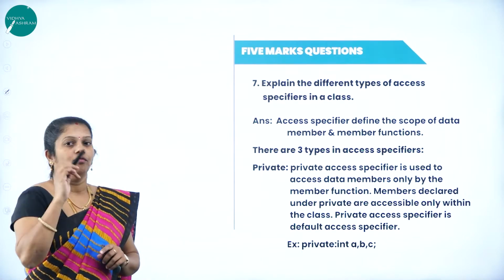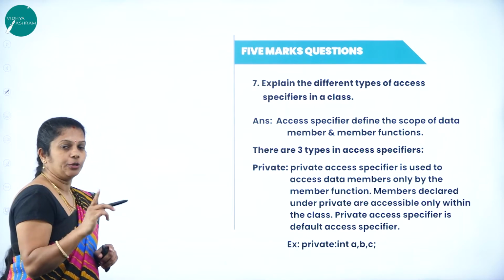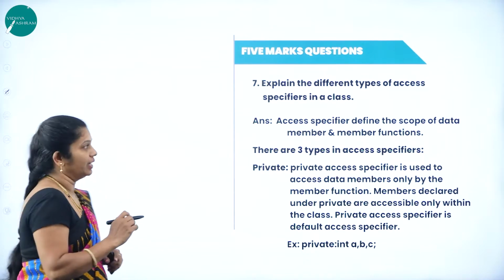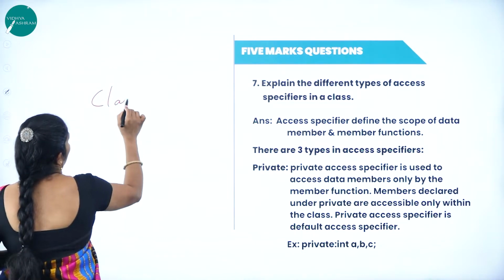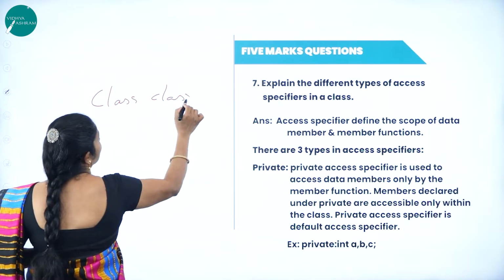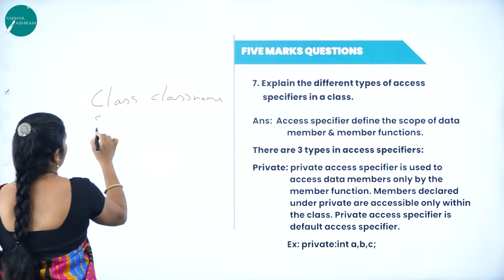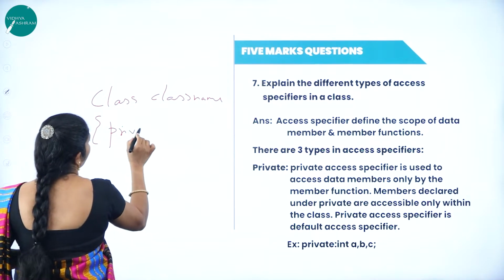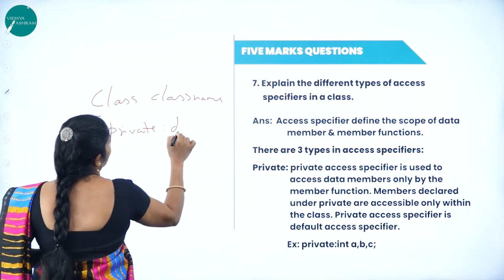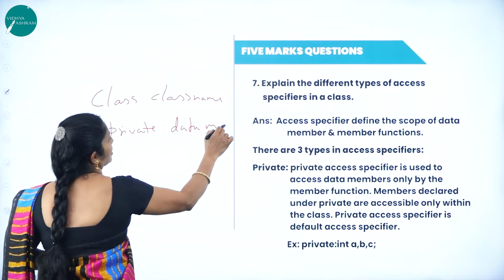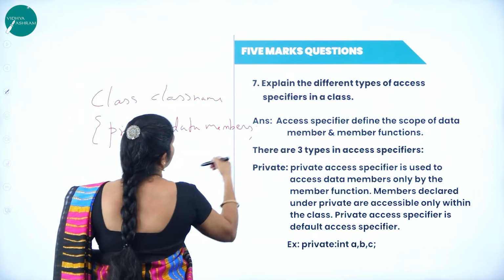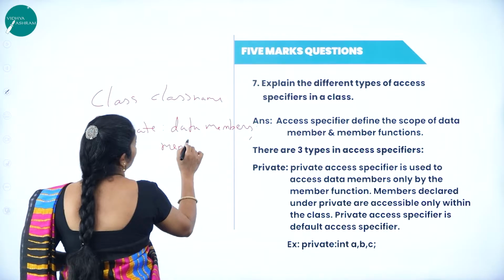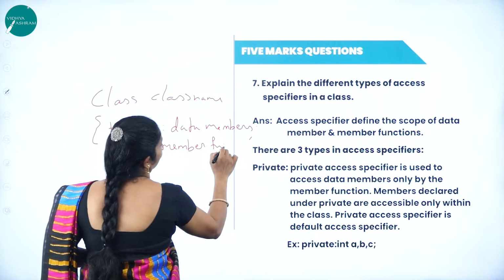specifiers in the class. When we come to access specifiers, I already told you they give the scope of the data. While writing the syntax, we write the class name. Then afterwards, if you have a private access specifier, write private, then colon, data members, then member functions.